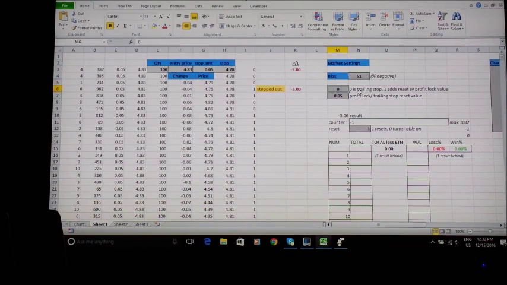Our second option here is a trailing stop, or a reset of our trailing stop, and to lock in some profit.